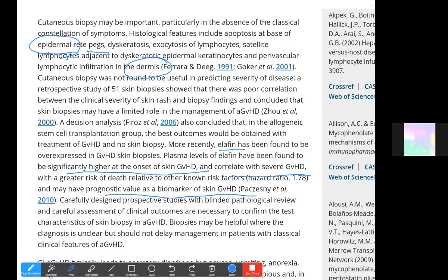Basically, we have a role for cutaneous biopsies for diagnostic purposes, but now an upcoming role has been that of plasma levels of elafin, which is a skin biomarker.